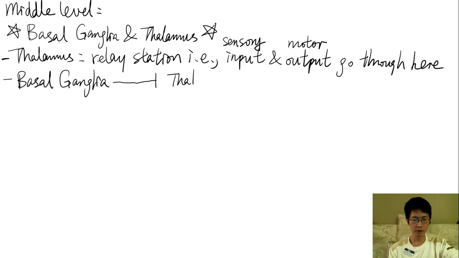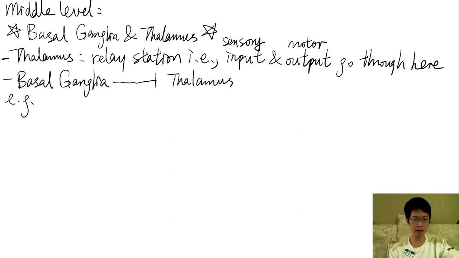Normally basal ganglia inhibit thalamus. Normally, okay? So, when your basal ganglia malfunction, what will happen? You can induce neurodegenerative diseases. Two of them, at least.